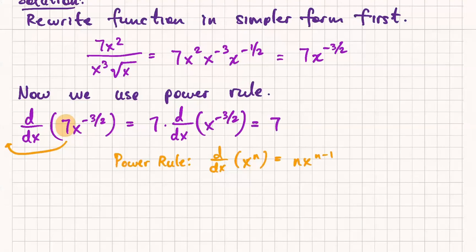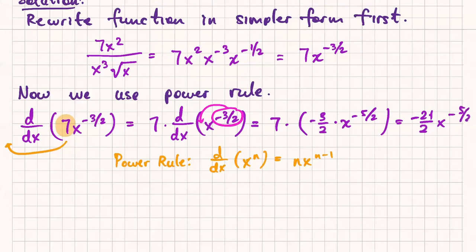So here the 7 is still coming along, and the negative 3/2 comes down as another coefficient, negative 3/2, and then the exponent decreases by 1, x to the negative 5/2. So altogether we get negative 21 over 2, x to the negative 5/2. So that is the final answer here.